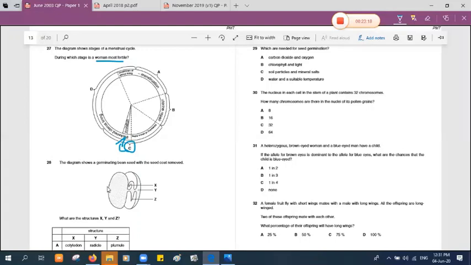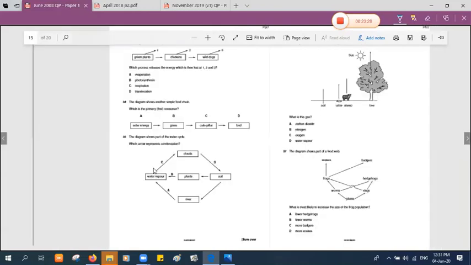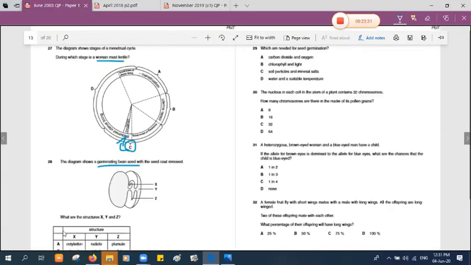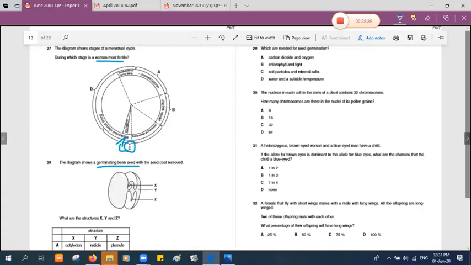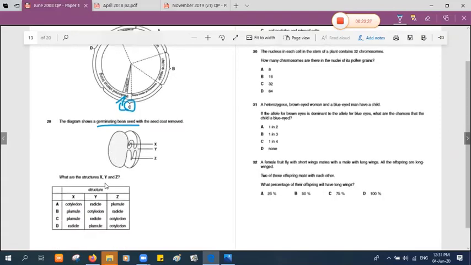Okay, the diagram in question 28 shows a germinating bean seed with the seed coat removed. Which structure X, Y, and Z? What are the structure X, Y, and Z? Okay, let's do it together.